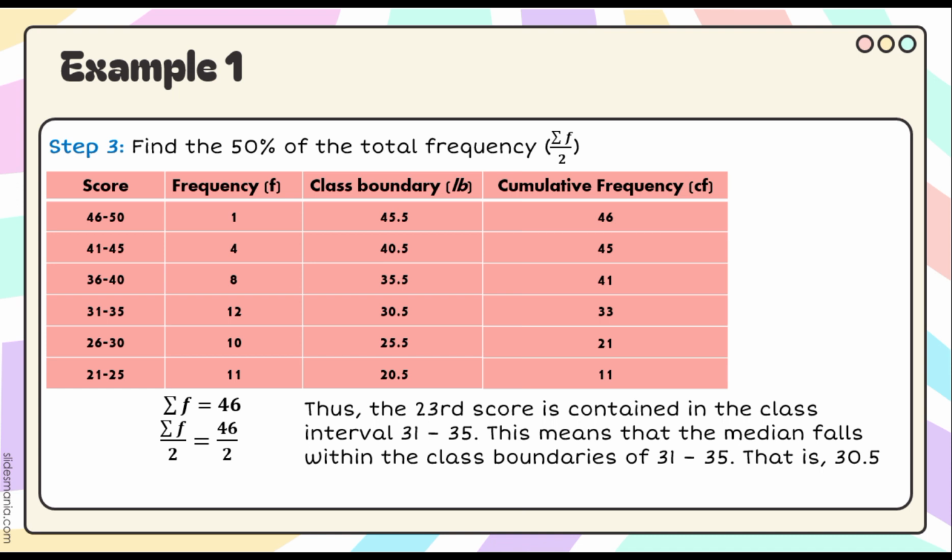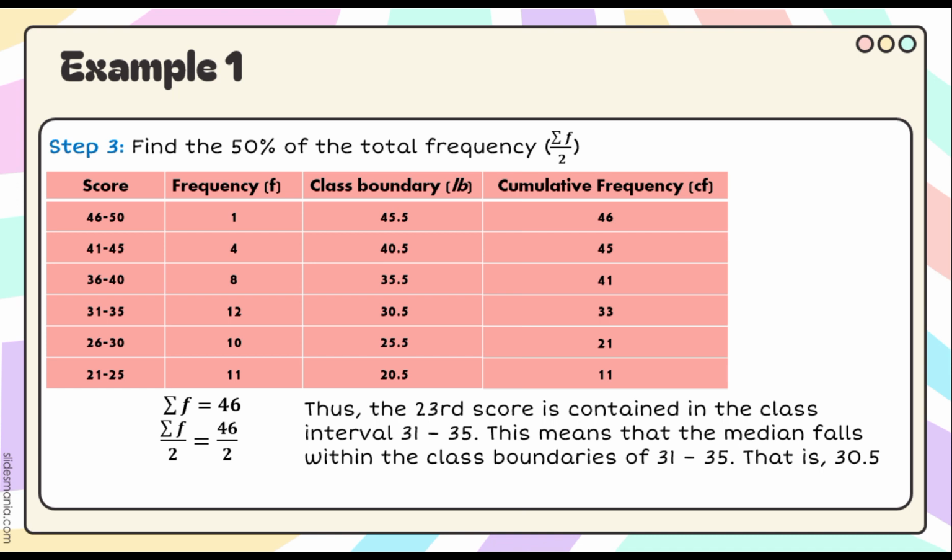Okay, so why is it that the 23rd score is contained in the class interval of 31 to 35? It's because we are looking for the 23rd score, so please look at the column of cumulative frequency. At the bottom we have 11, right? And second we have 21.